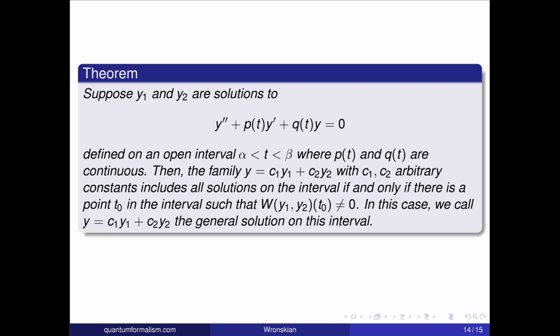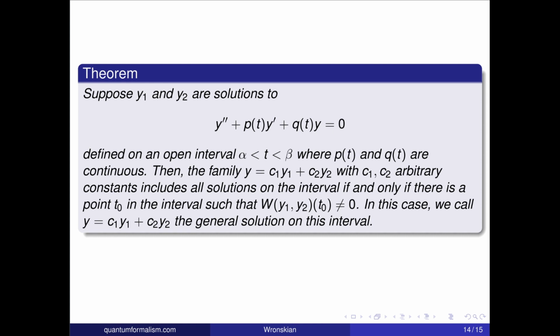Okay, so now we'll just collect all our thoughts into this theorem. So this is just a summary of everything we've already done. So suppose that y1 and y2 are solutions to this second-order linear homogeneous equation defined on an open interval, alpha to beta, where p of t and q of t are both continuous.